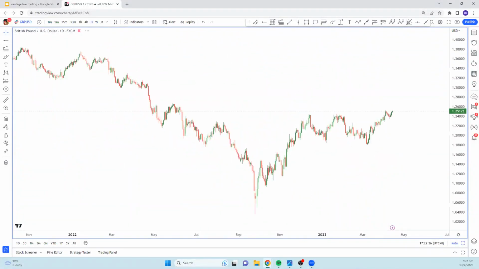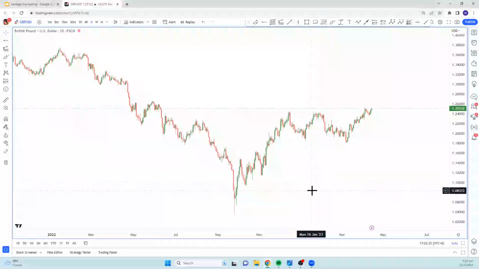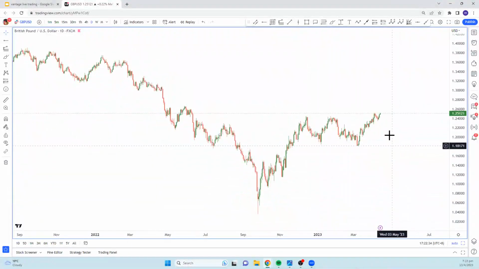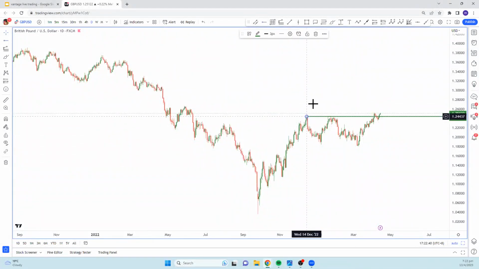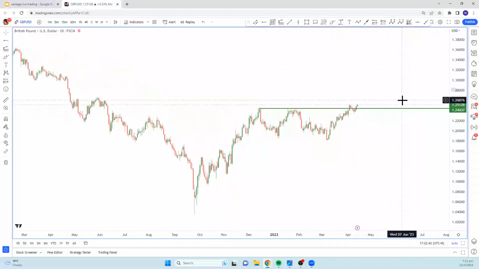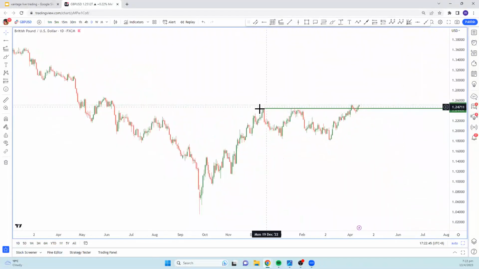Now let's take a look at daily. Similarly, daily is also giving us a bullish signal, or rather a bullish momentum. And you can see price breaking out of this resistance level here.